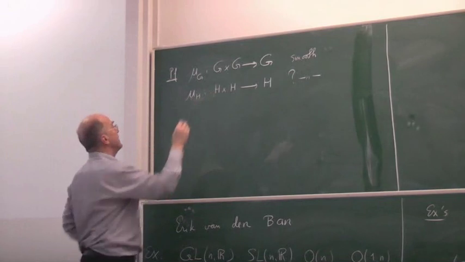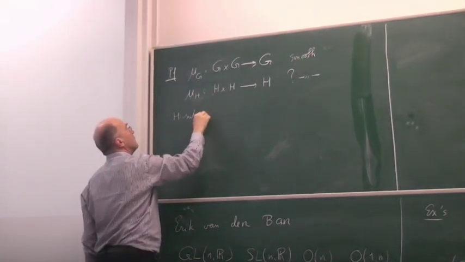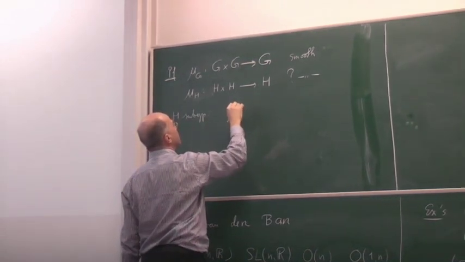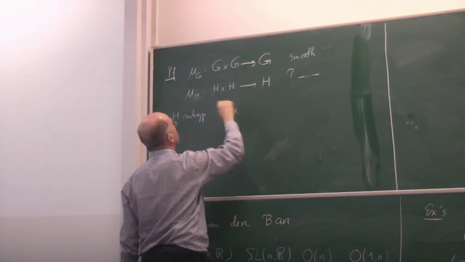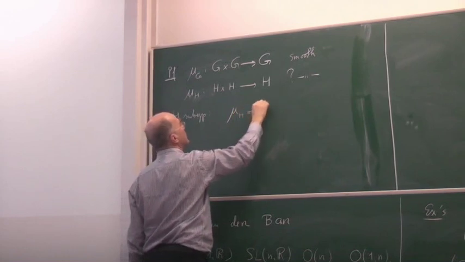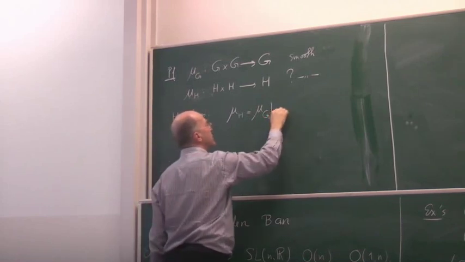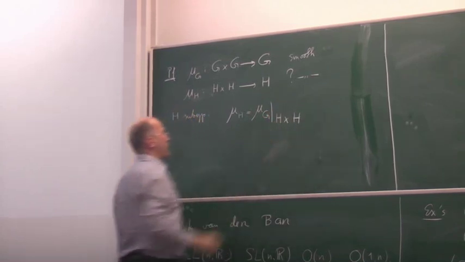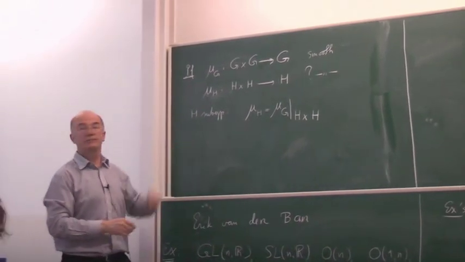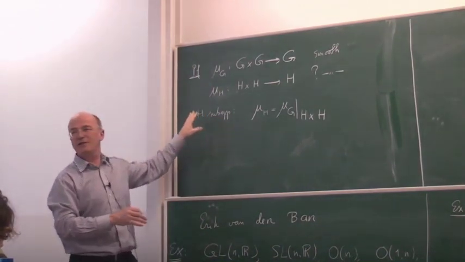This means precisely that this multiplication map is equal to the restriction of the multiplication map of G to H times H, and that it maps into H. And of course there is also a similar condition for the inversion map.